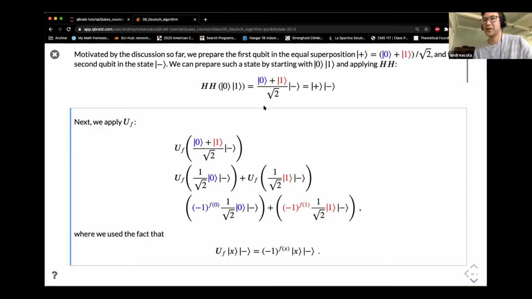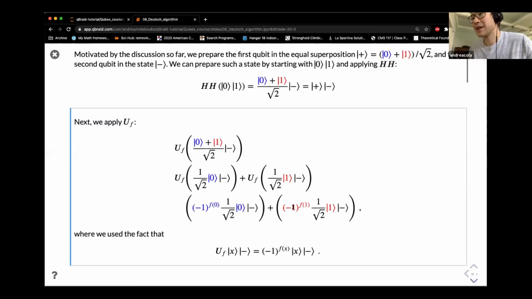So to recap, we start with ket plus, ket minus, apply U sub f. In the second line, we break it up into two. And then in the third line, we're using this fact here. So the first term gives us ket 0, ket minus, but with a phase at the front, which is -1 to the f of 0.